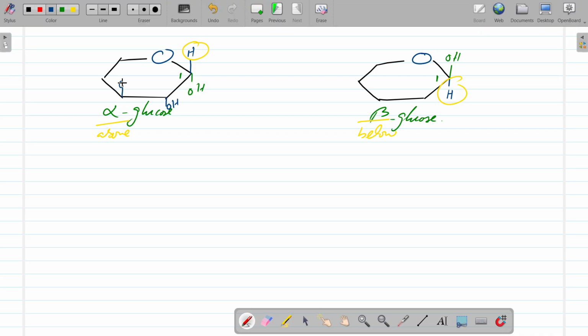This one's going up. This one's coming down as well. And CH2OH. The positions of all the others don't change, so that's the same. Nothing to worry about over there. It is only carbon number 1 where the OH is flipping between alpha and beta glucose.